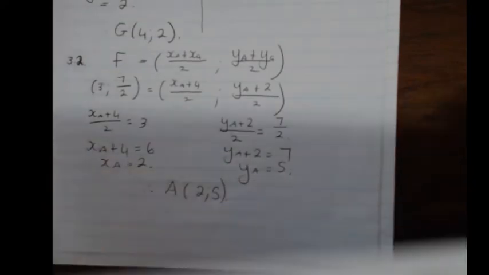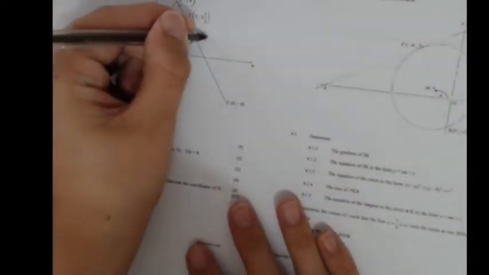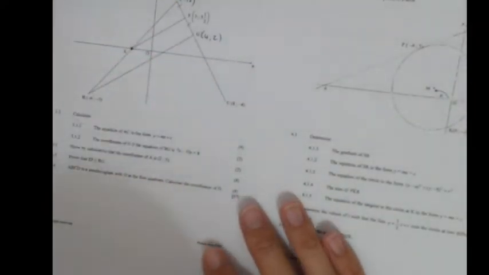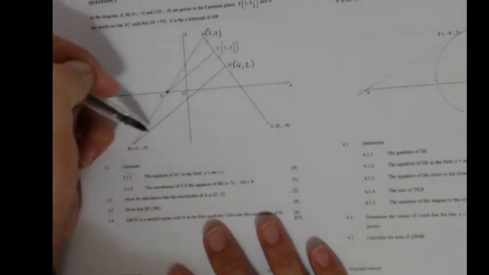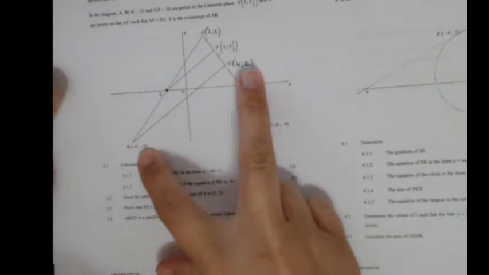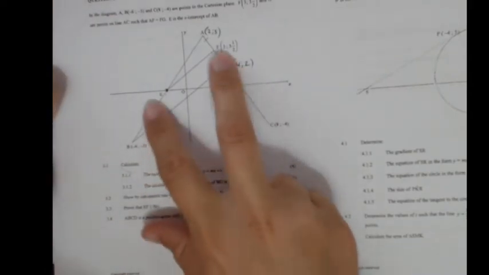And I have the coordinates of G, which is 4, 2. They want me to show that these two lines are parallel. So the first thing I think is, to have those two parallel, I want to show that the gradients are the same. Now this gradient I can quite easily get.